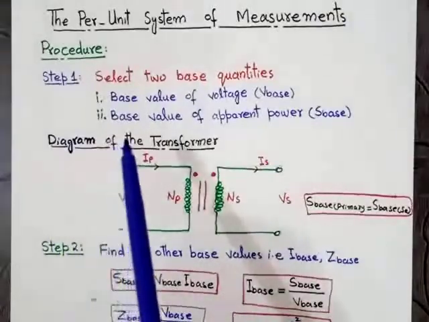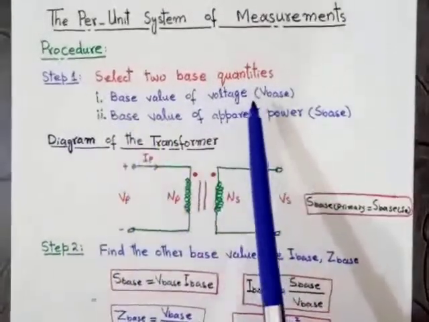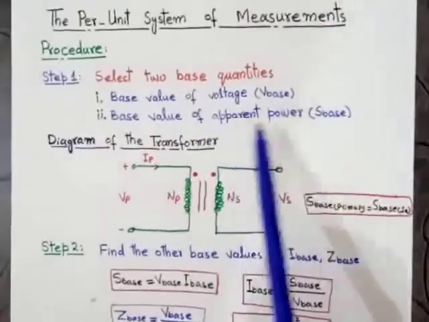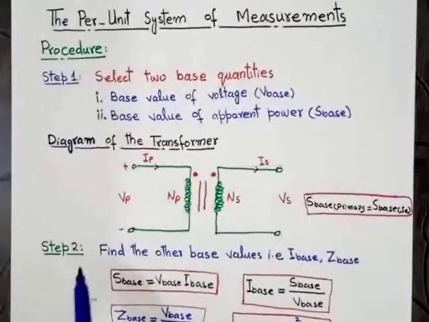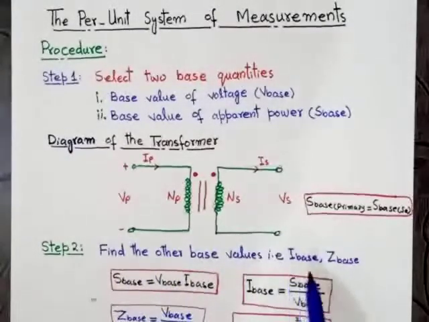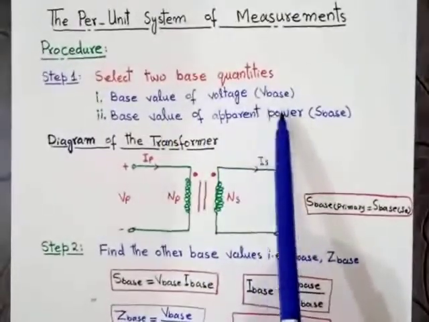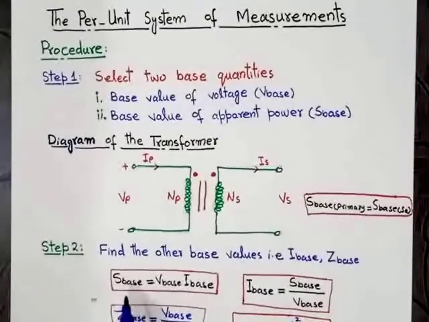In step number 1 we select the two base quantities, that is V base and S base. In step number 2 we will find the other base values, that is I base and Z base, the base value of the current and the base value of the impedance, by using these two base quantities. As we know, S is equal to V into I, apparent power is equal to V into I, that is S base will be equal to V base into I base.